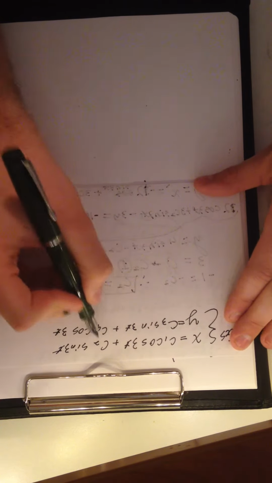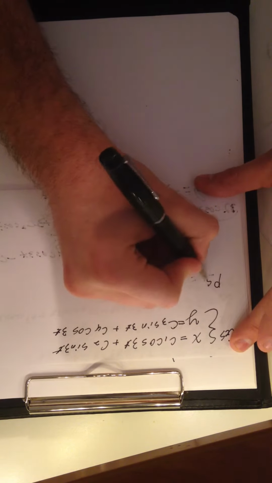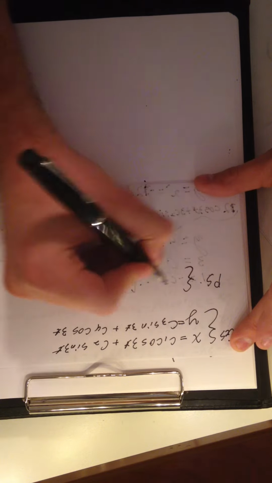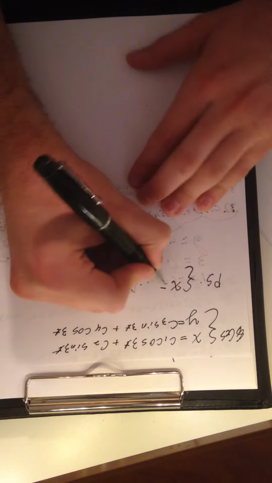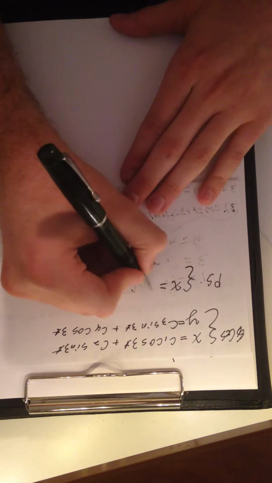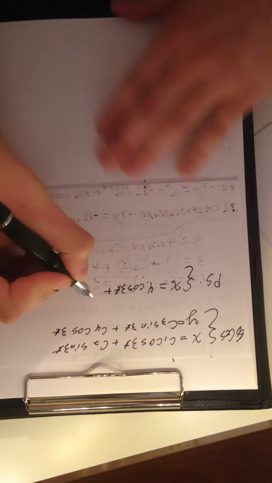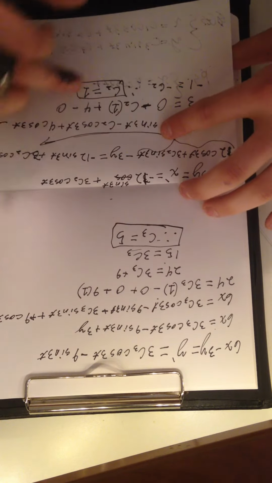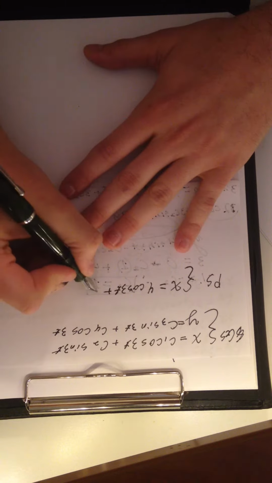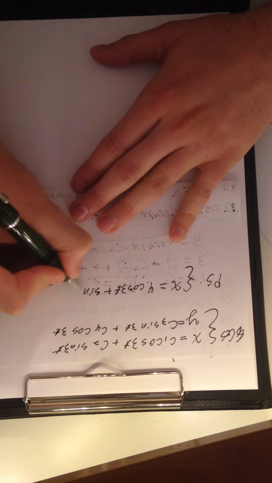And since we found all of our c values, we can say our particular solution is going to become x is equal to c1, which we said was 4, cosine of 3t. And our c2 value, if we look here, we said it was equal to 1. So we can just ignore c2 and say it's sine of 3t.